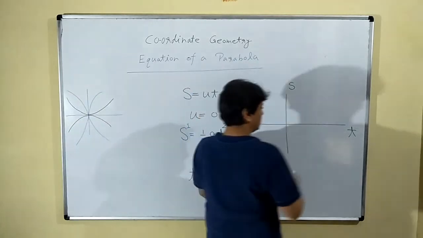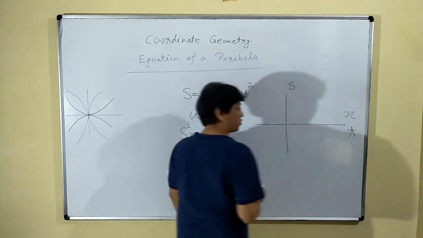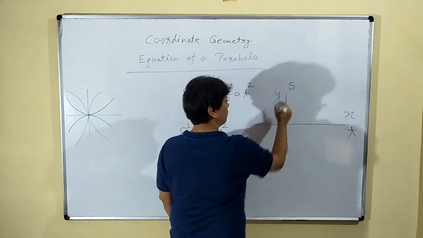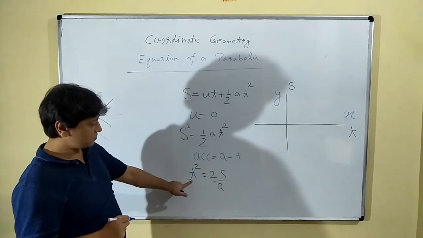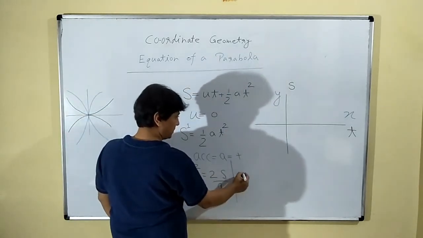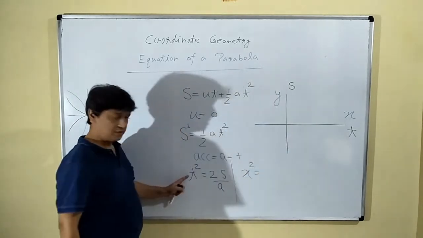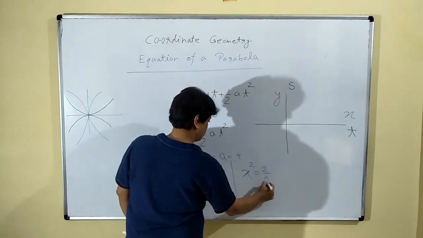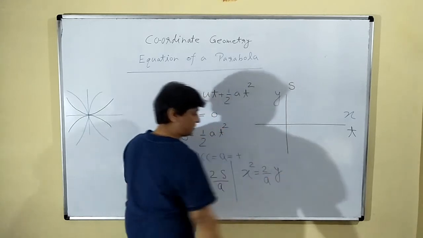Now suppose t is equivalent to x-axis and s is equivalent to y-axis. तो फिर ये फॉर्मेट इस तरह का है, x square equals to 2 upon a multiplied by s which is y.